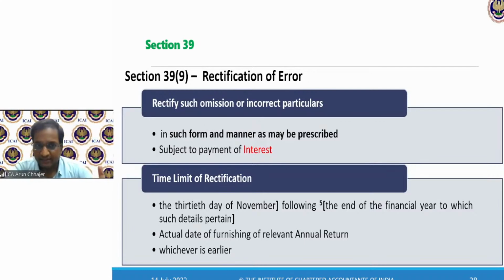Absolutely correct. 30th November or annual return whichever is earlier. But at one more place we have read the same date. At one more provision we have discussed almost the same date. Can you please tell me at which place we have discussed the same date? One is ITC, absolutely correct. What is the second?